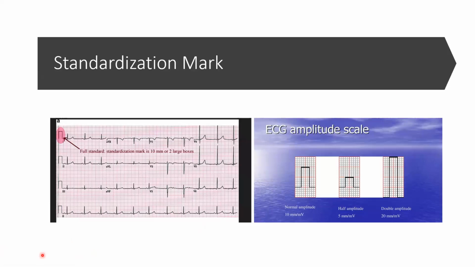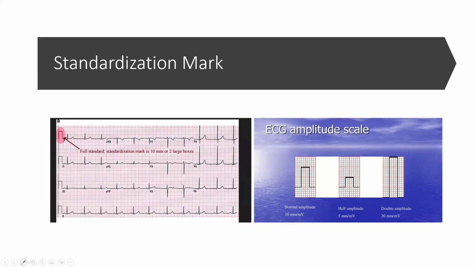Okay, so at the beginning or the end of a 12-lead ECG tracing, right over here, that is highlighted, is a mark that is known as a standardization mark. Now, what is this standardization mark? This mark is automatically inscribed by the machine.